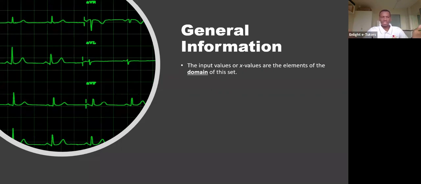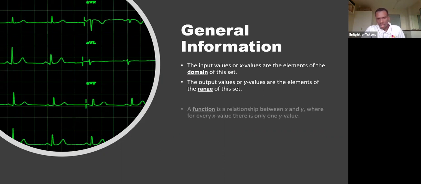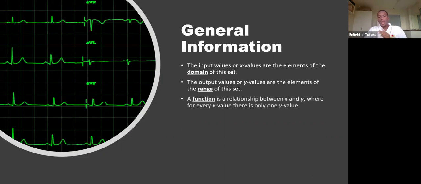But there's something you must know when you're working with functions. The set of all the X values, we call the domain. You understand? And the Y values, the set where your graph lies, we call the range.